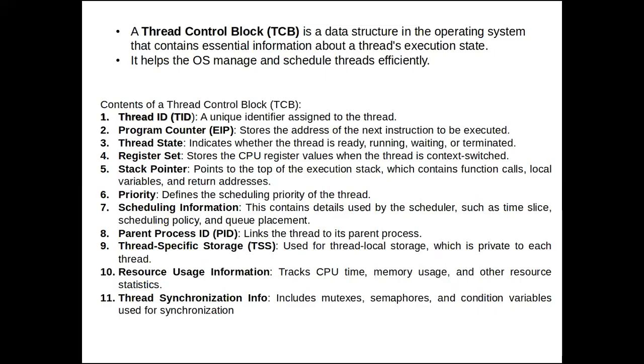Then next is resource usage information. The OS also tracks resource usage, which includes CPU time, memory usage, and other resource statistics. Then lastly, the thread synchronization information. Threads often need to coordinate with each other.